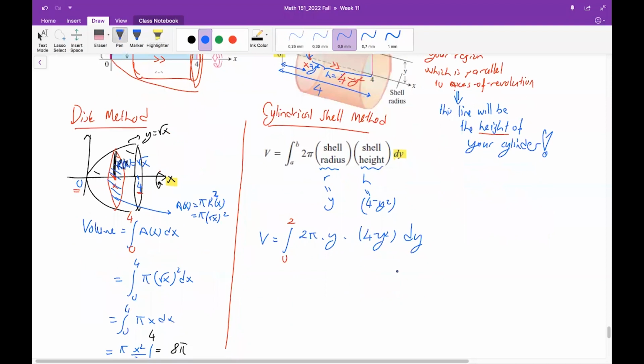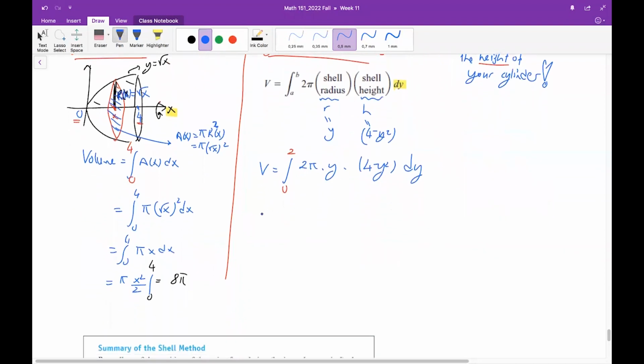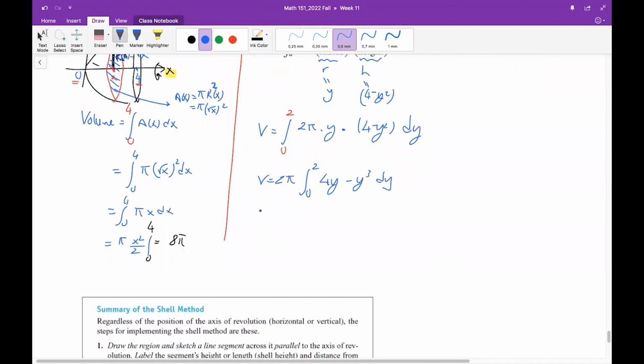If you compute this integral, it is not that difficult. You can take 2 pi out, just do this multiplication, 4y minus y cubed dy. So 2 pi times 4y squared over 2 minus y to the power of 4 over 4. You see, I add 1 to the power and divide by the same power.